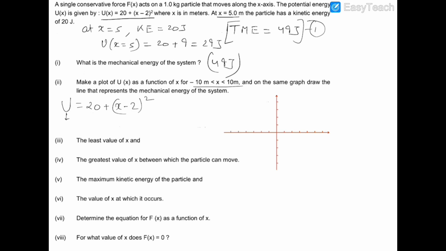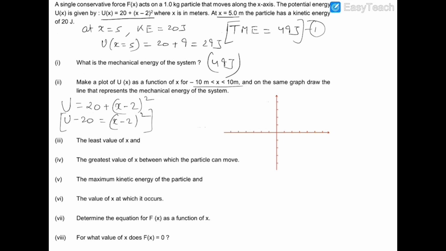This can be written as U minus 20 is equal to (x minus 2) whole square. So the coordinates of the base of this parabola are 2, 20.